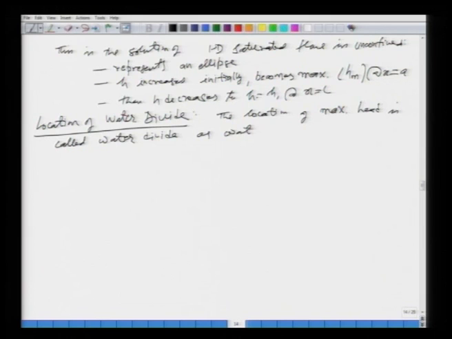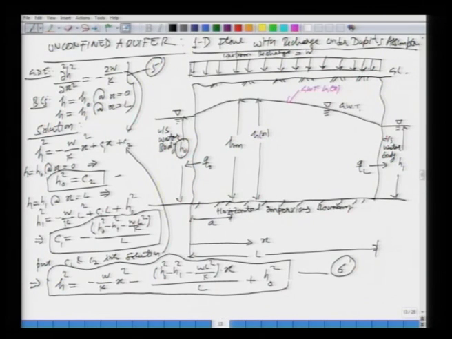As the water flows in either direction from the water divide. If you go back and see, if this is your water divide, this location, then the water will be flowing in this direction and in the other direction. So, this is called the water divide because water will be flowing in either direction.